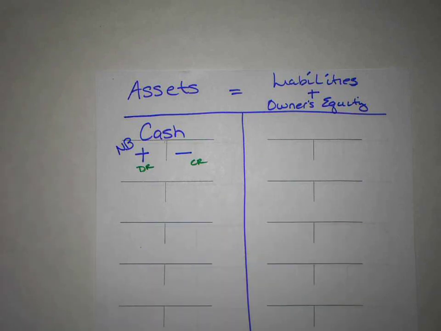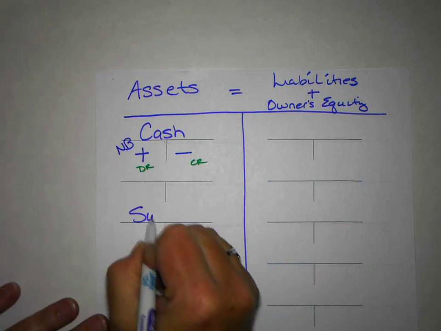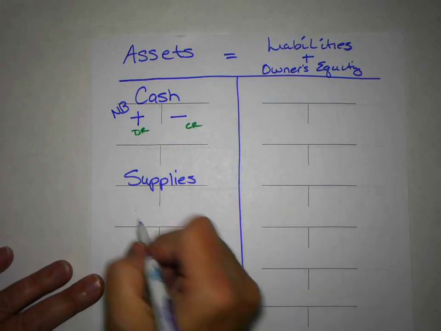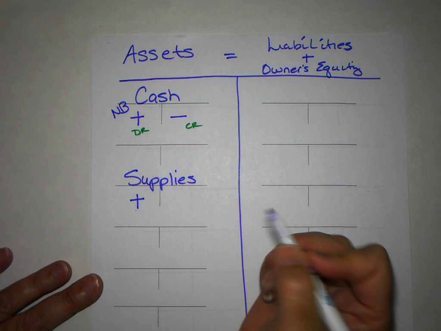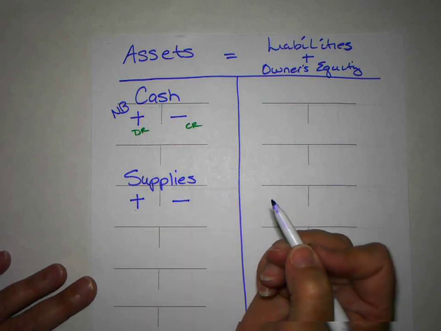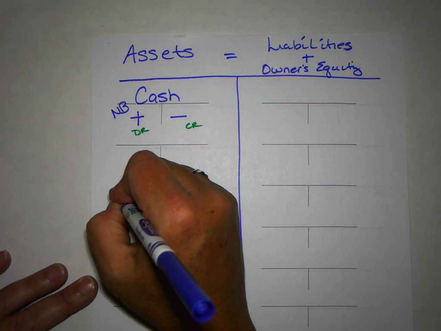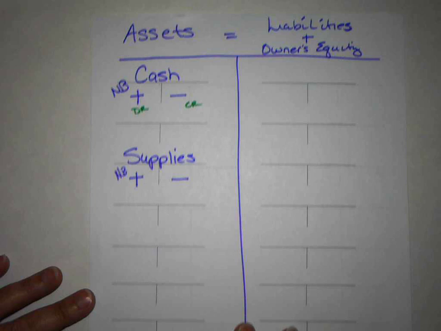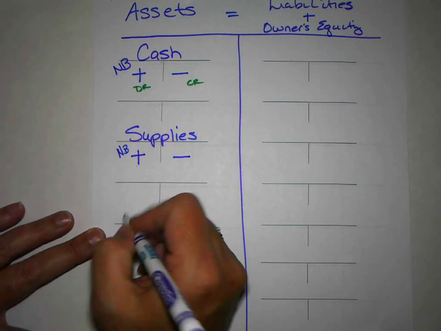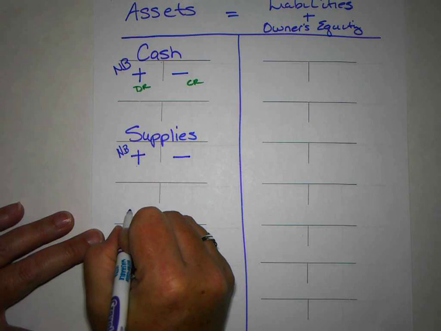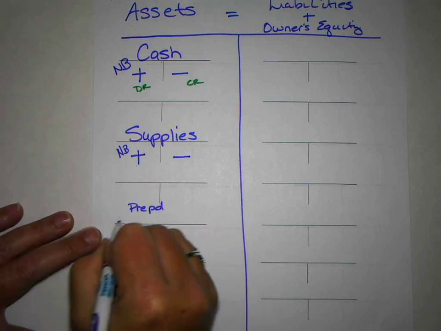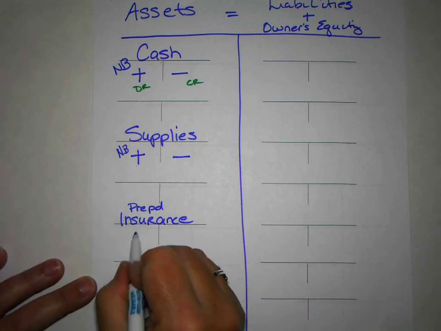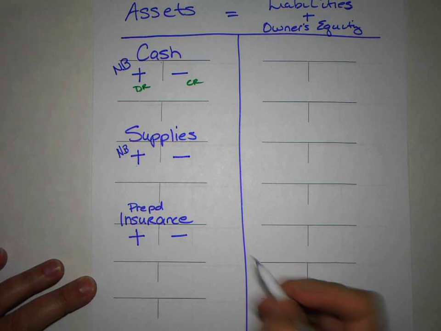Okay, supplies. Supplies is an asset. Okay, so supplies is going to increase on the debit side, decrease on the credit side, and of course the plus side is the normal balance side. Okay, another asset that we have is prepaid insurance. Okay, it's an asset. It's going to look like all the other assets.